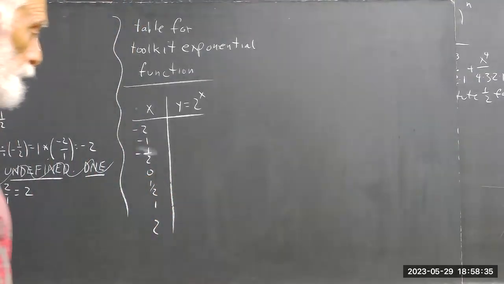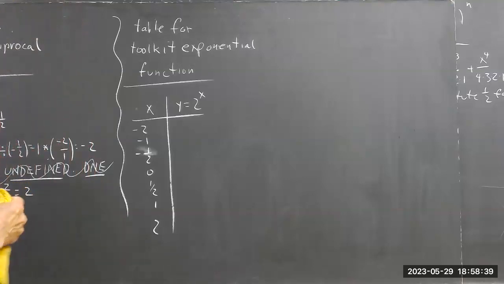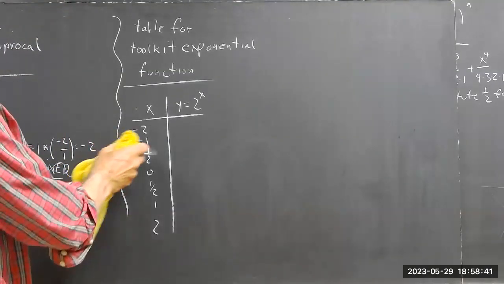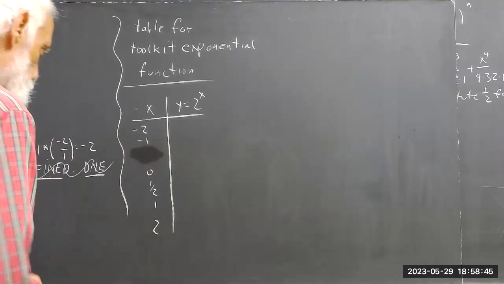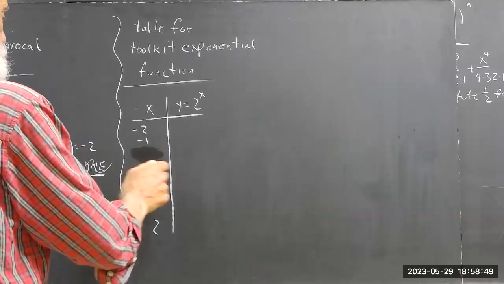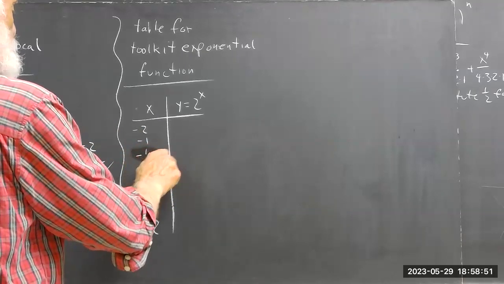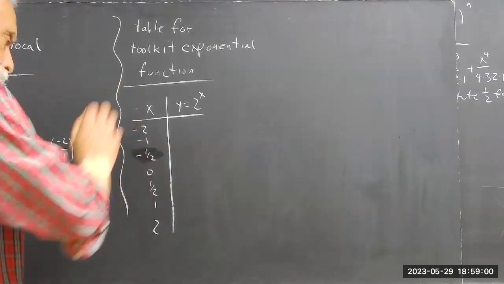Now, there are several hangups that can occur with this basic exponential function, just like a hang up occurred with the basic Toolkit reciprocal function, that you couldn't evaluate it at x equals 0. Here, well, let's see.